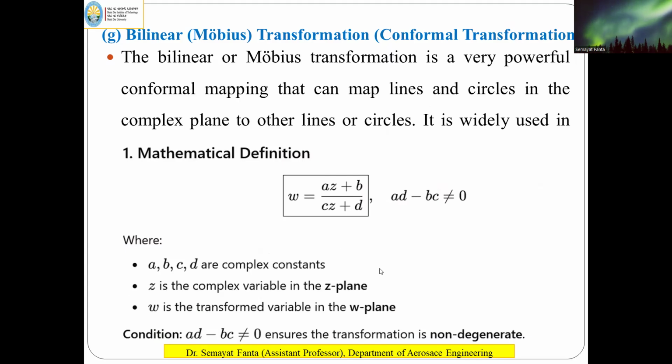Here A, B, C, D are complex constants, Z is the complex variable in the Z plane, and W is the transformed variable in the W plane. The condition for conformality is AD minus BC different from 0, which ensures the transformation is non-degenerate.